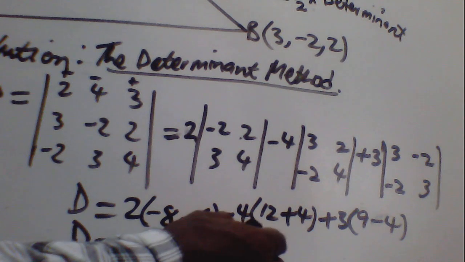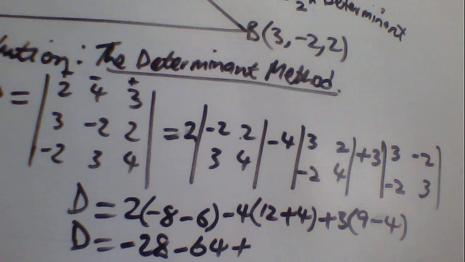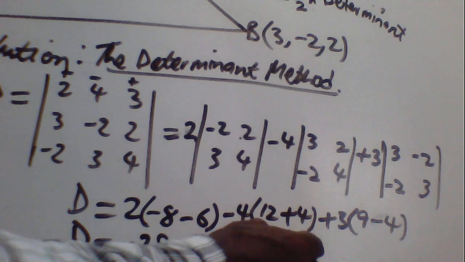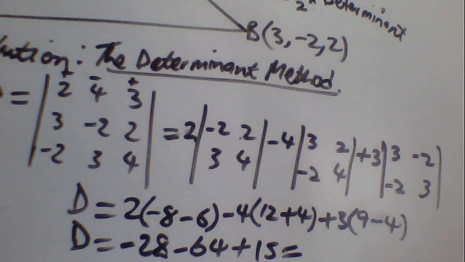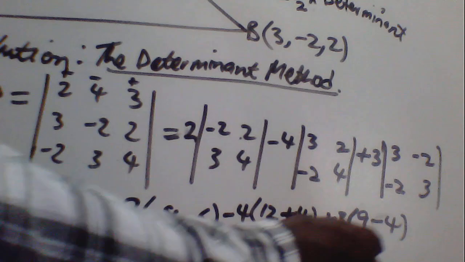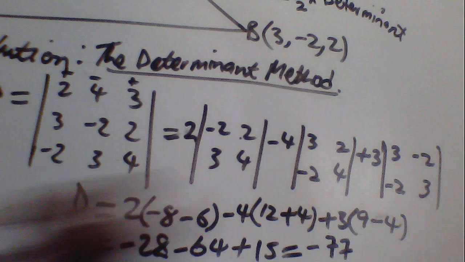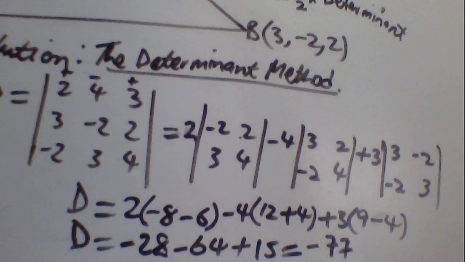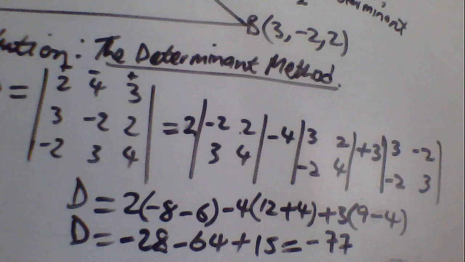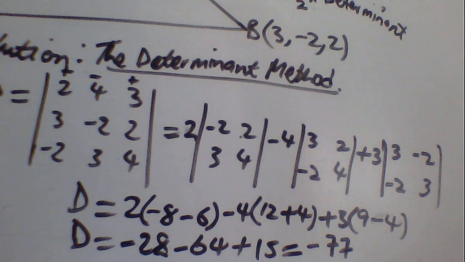You write again, 9 minus 4 will give us 5. 5 times 3 will give us 15. So you sum the values: minus 28 minus 64 plus 15 will give us minus 77. So you have minus 77 as the determinant.